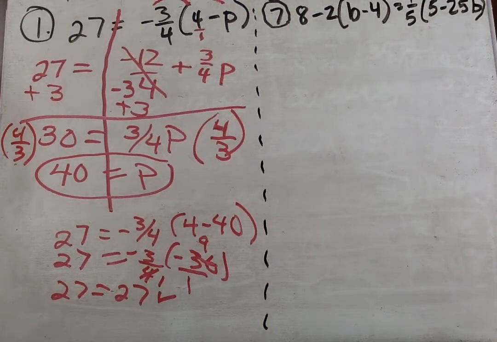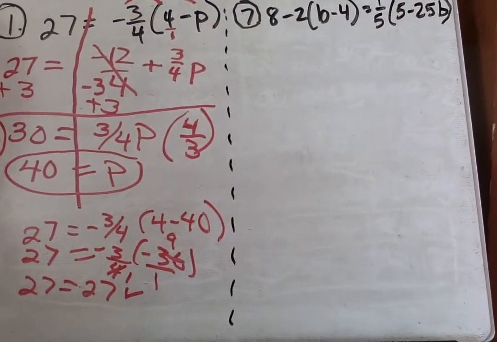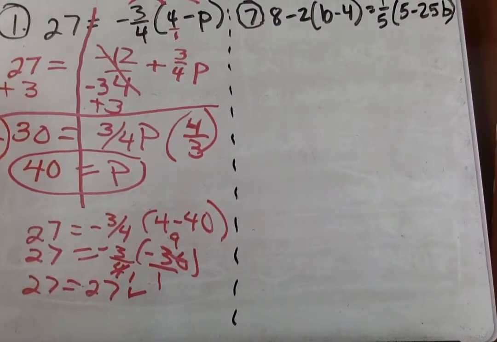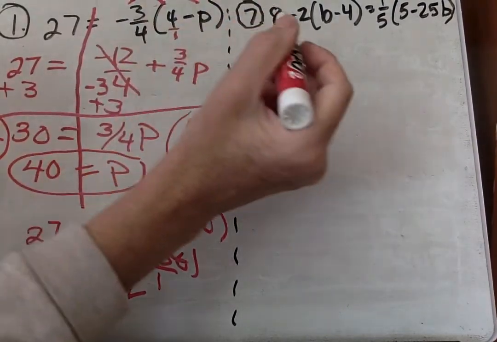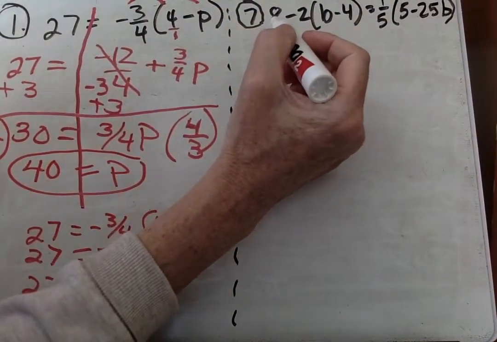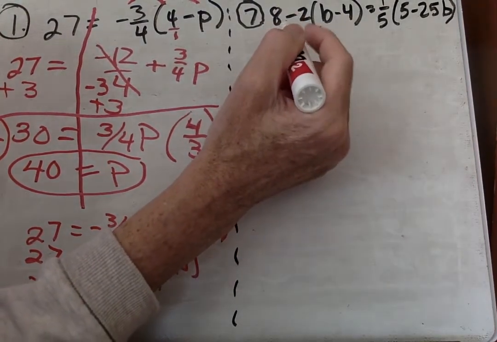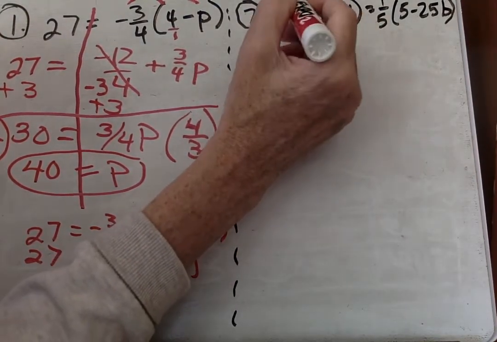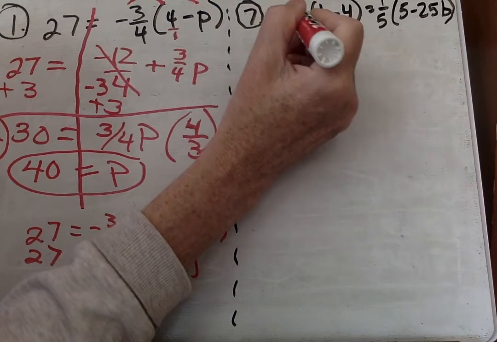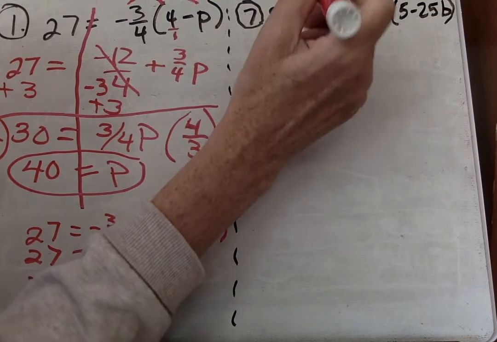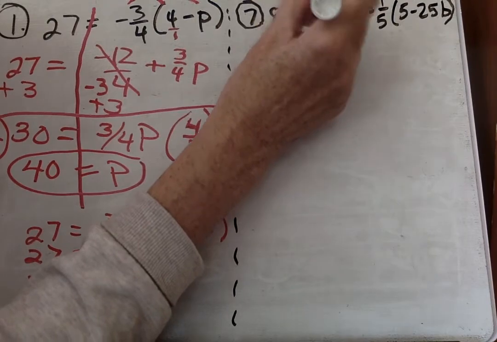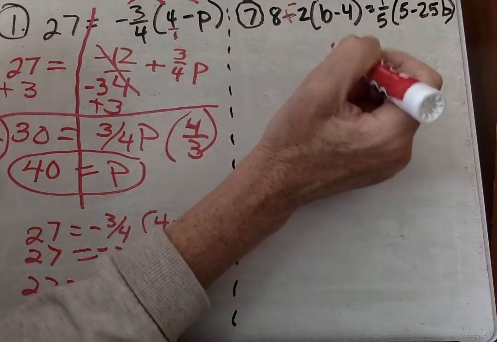Now, I'm going to choose another one that I think is fairly hard and follow along so you can make sure you know how to do it. This next one over here, some of you may make the mistake and want to go 8 minus 2 is 6. You do not want to do that. You want to use the distributive property. I'm going to change this to plus a negative 2. So I remember it's a negative 2 that must be distributed through there.